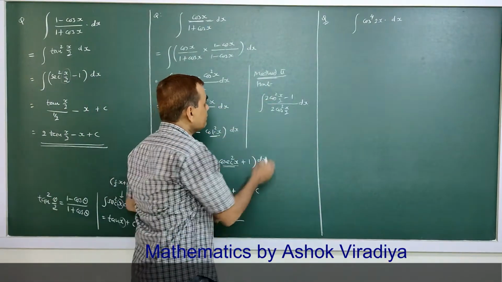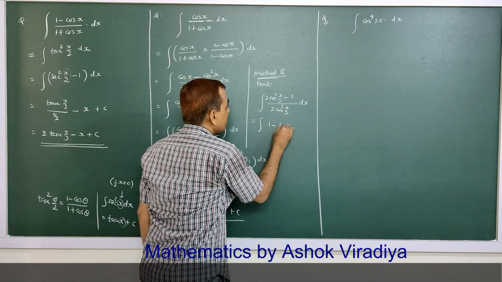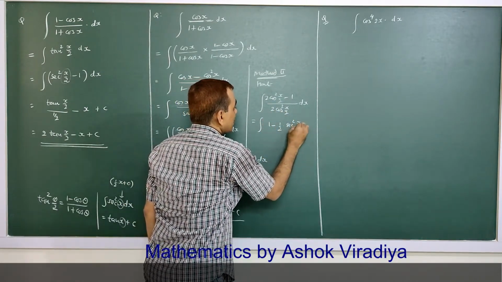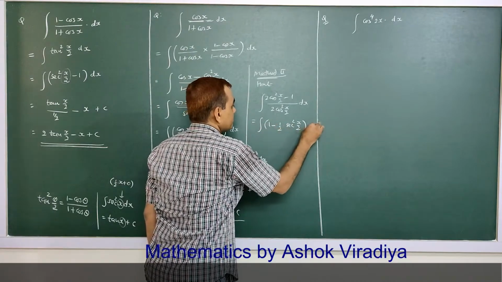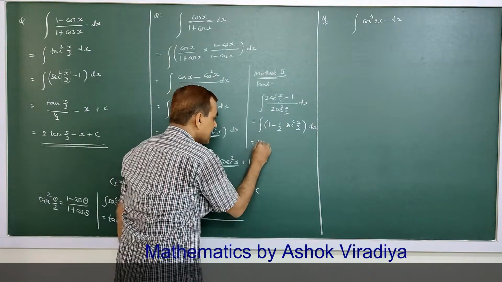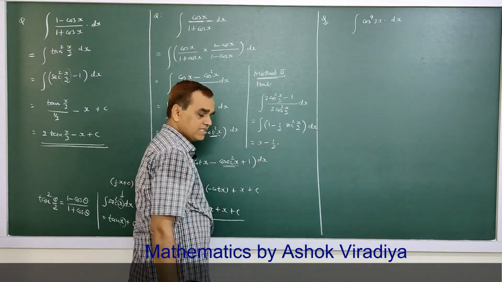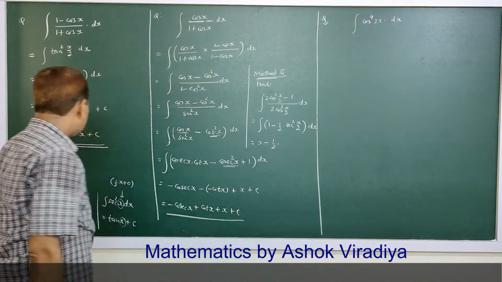Now dividing this individually, this is 1 minus 1 by 2 sec square x by 2. Now integral of 1 is x. 1 by 2 keep as it is. Integral of sec square x by 2.